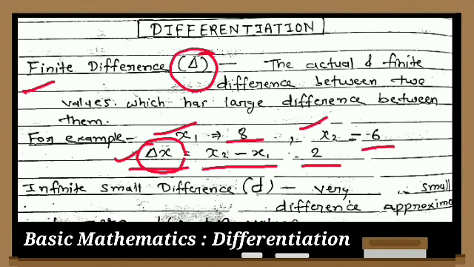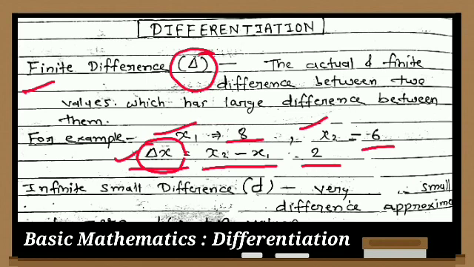If we read the definition of finite difference, then we can say it is the actual difference between two values which have a large difference between them. There is no fractional change in the two values. Finite difference we can measure easily.